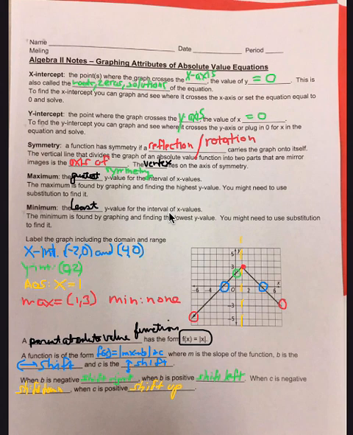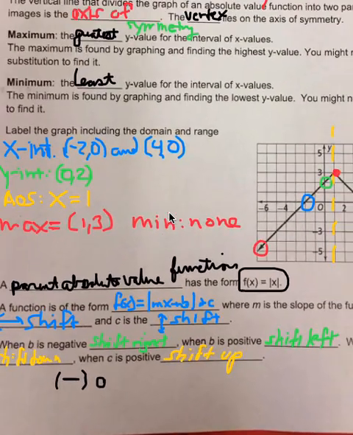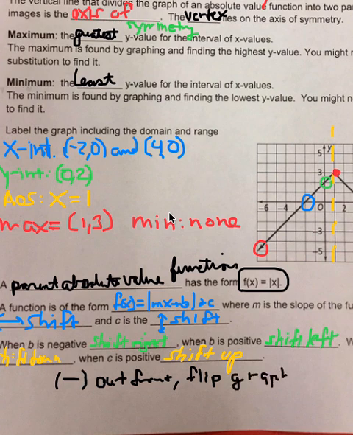So a few quick hitters that can help you out. When you have a negative out front, it flips the graph. So that means the graph we're looking at up here that we already labeled would be a negative something with absolute values because it flipped.